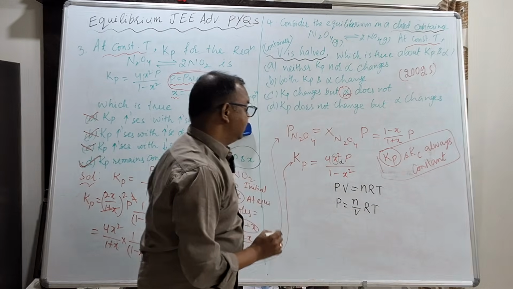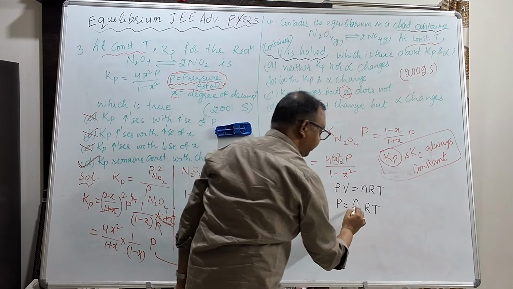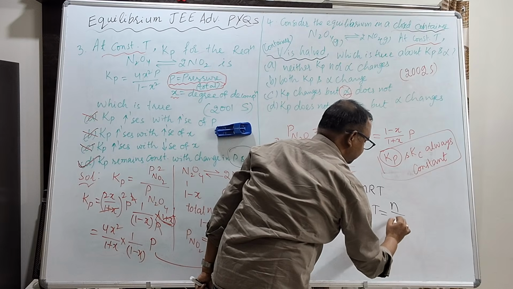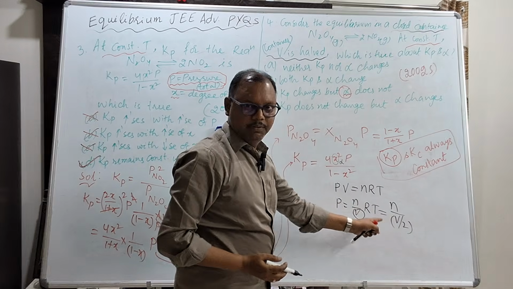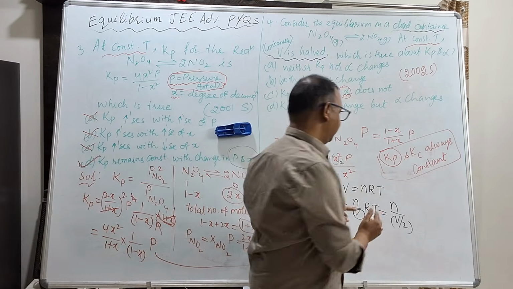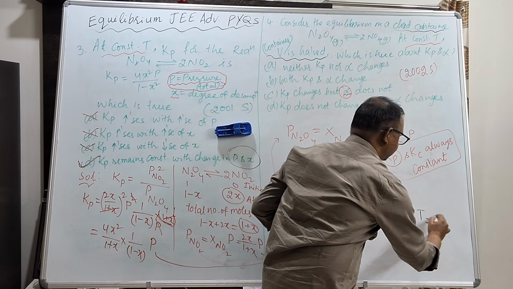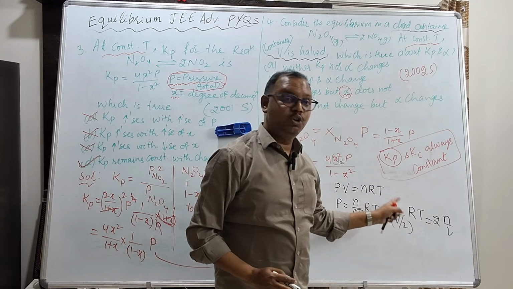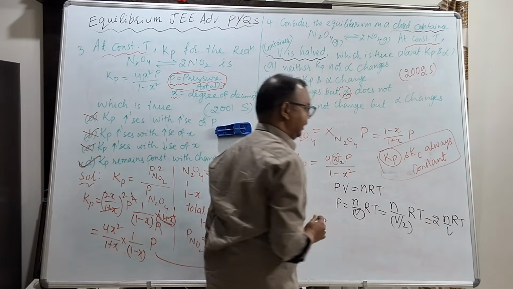But the condition given is that the volume of the container is halved. That means V becomes V by 2, halved, becomes half. Keep that in mind, all of you. Therefore, when it becomes V by 2, it can be written as 2 into n by V into RT, because the denominator of the denominator becomes the numerator.